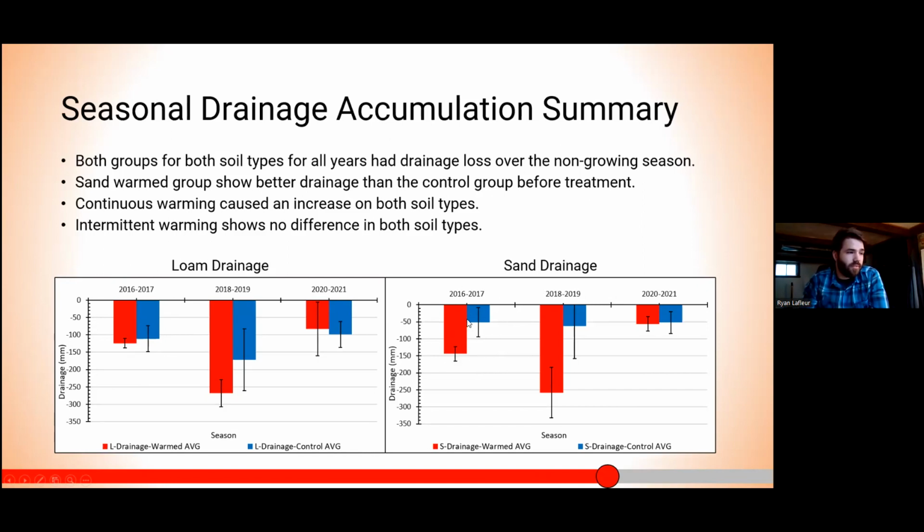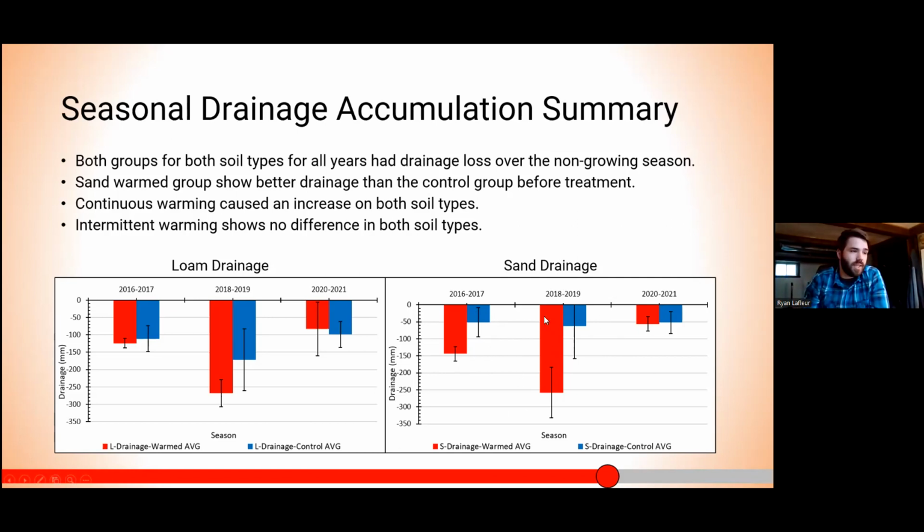Our triplicate for our warmed group on average, before any treatment was applied, did have significantly more drainage than its control counterpart. However, even with this bias taken into account, our continuous warming did make a bigger gap between the control and the warmed groups.